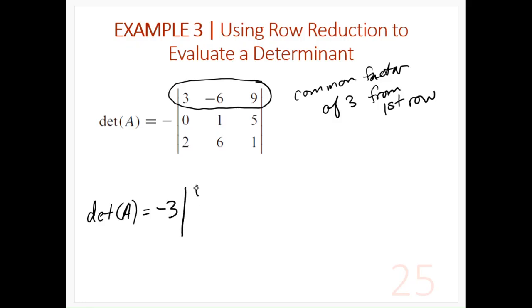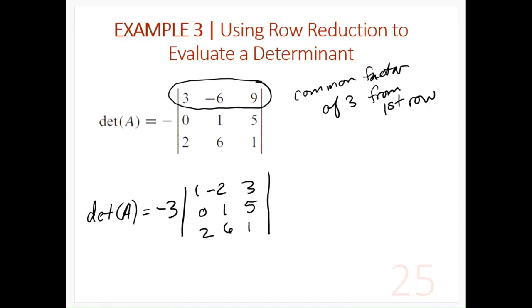And we've taken that factor out, so this top row is now 1, negative 2, and 3. And this is going to be 0, 1, and 5. And this will be 2, 6, and 1. And we're going to be making use of that relationship from table 1 that says determinant of B equals K times determinant of A. So we've pulled out that scalar 3 from that first row.